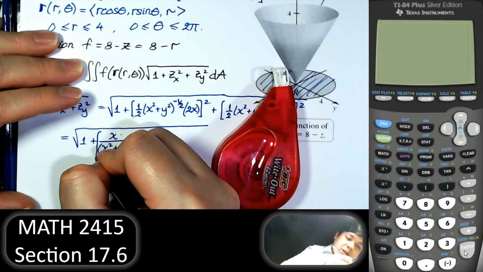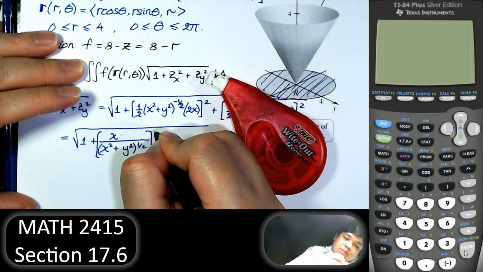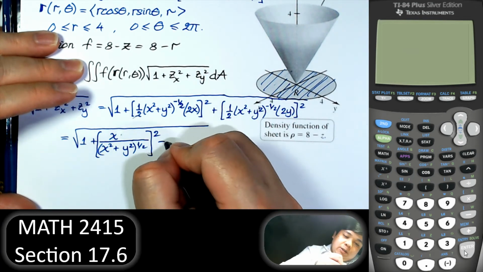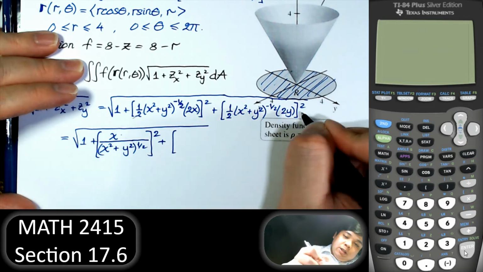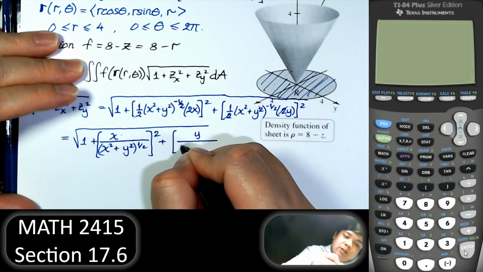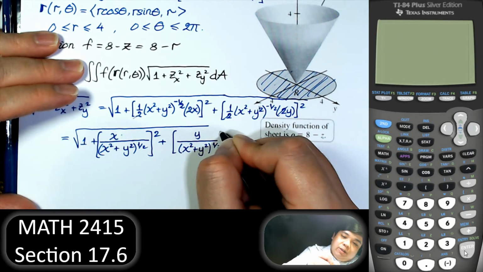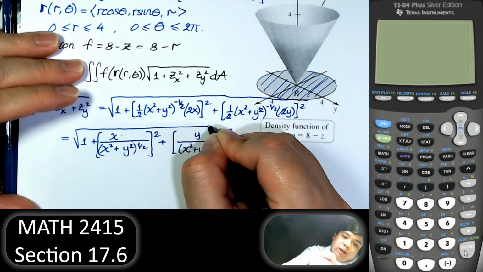You just write this to the 1/2, move it to the bottom, and x on the top. Let's write it like that. Again, the 2 and 2 cancel out. We have y over x squared plus y squared to the 1/2, squared.